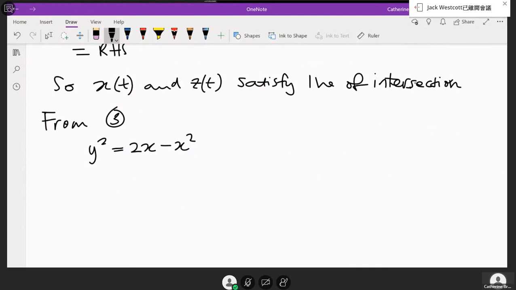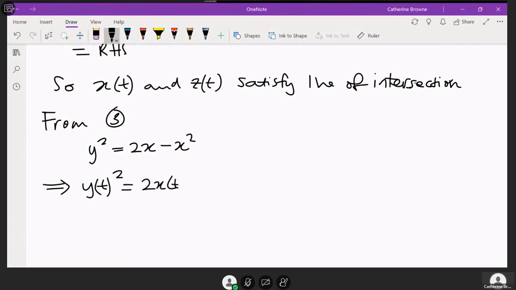Yeah, so that was expanding 1 minus (x minus 1) squared, all squared. And then again, we want to test that parameterization. So I look at y of t squared is equal to 2x of t minus x of t all squared.